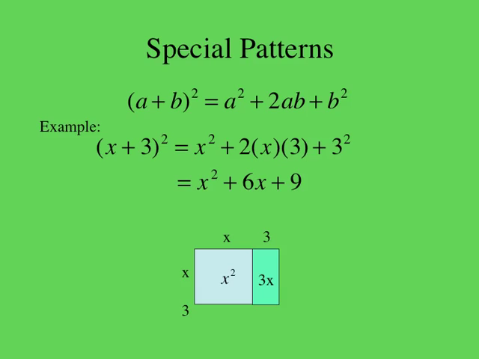We have another rectangle whose area is 3 times x, or 3x. And we have a 3 by 3 square. 3 times 3 is 9. So when you add together the area of these four pieces, we have x squared plus 3x plus another 3x plus 9. Those two 3x's added together give us the 6x that you see above.